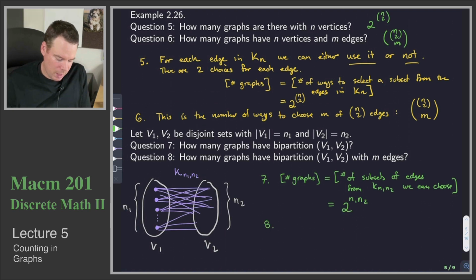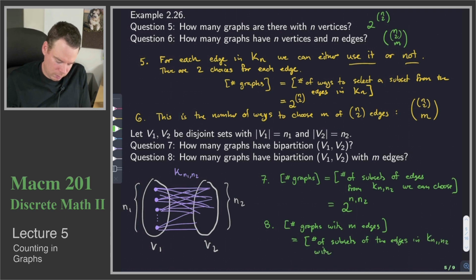How about number 8? How many graphs have bipartition v1, v2 and use exactly m edges? So I want the number of graphs with m edges. This would be the number of subsets of the edges in K_{n1,n2} with size m.